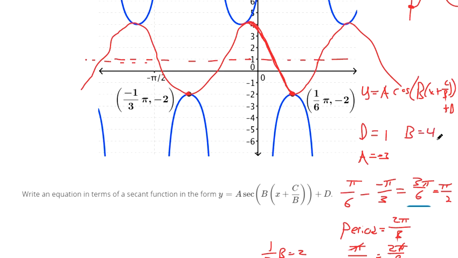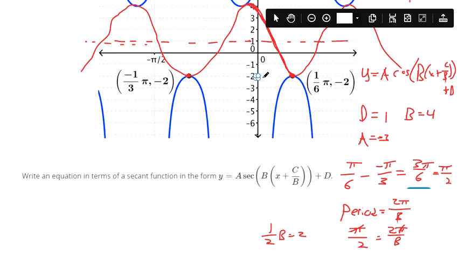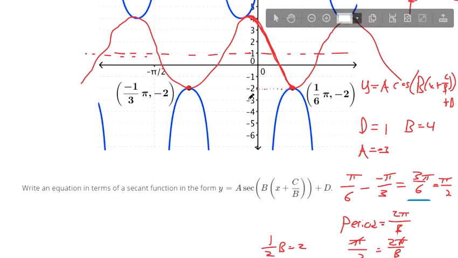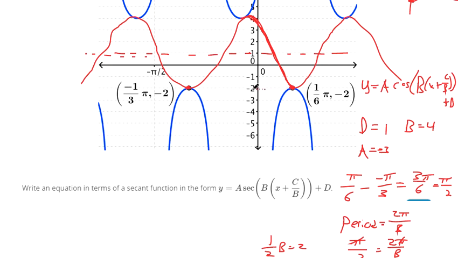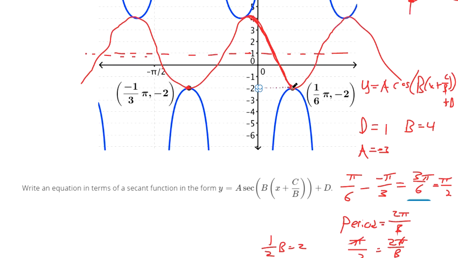So now we just need to find out what c is, the phase shift. The phase shift is just this distance from the origin to our starting point. You could have done the phase shift by going in the opposite direction if we had a point over here, and then we would use positive 3. But like we said, they only give us this point that's out in front of us, so we have to have our cosine graph starting at the bottom of its amplitude. That's why we let a be negative 3. And so what's this distance?